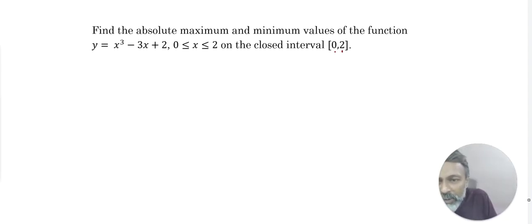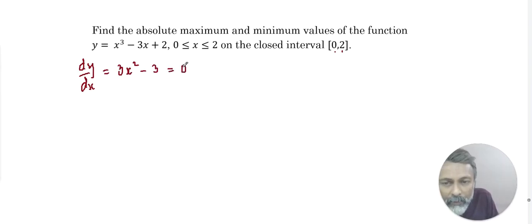Let us first differentiate. dy upon dx is equal to 3x square minus 3 and equate it to 0. On solving, we get 3x square is equal to 3. We can divide by 3. x square is equal to 1.